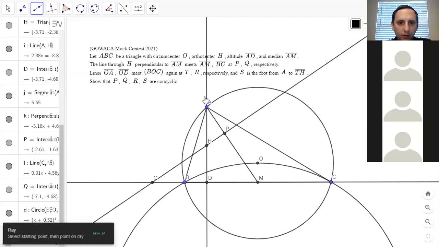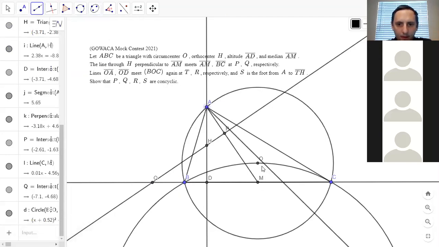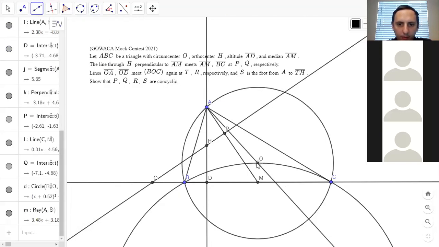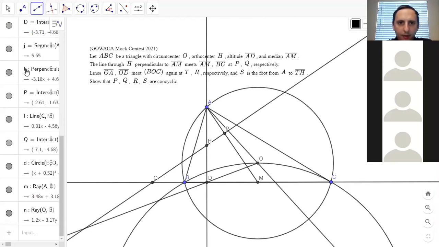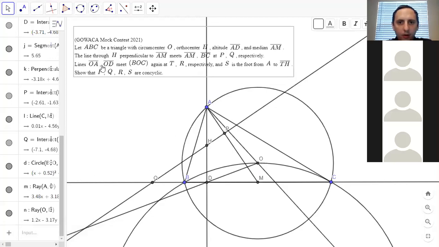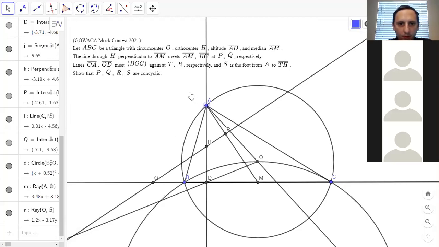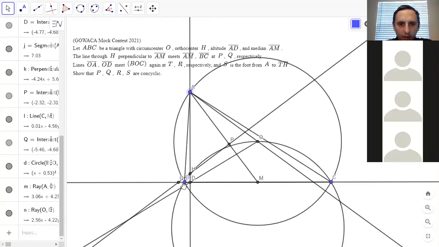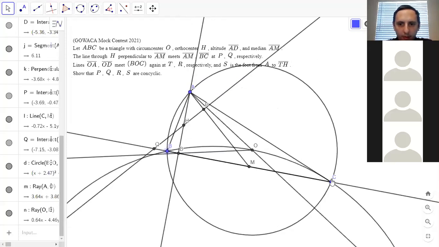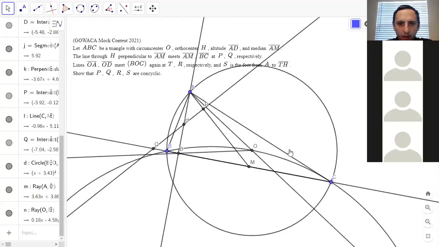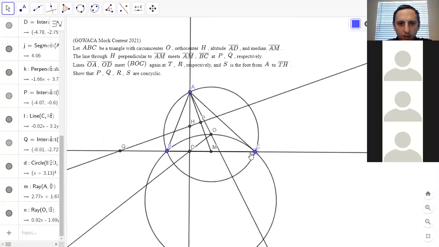And that meets that circle at two points. So I'm going to have to zoom out a little bit. T and R. So yeah, this problem looks a little bit harder, or at least more complicated. That looks better.